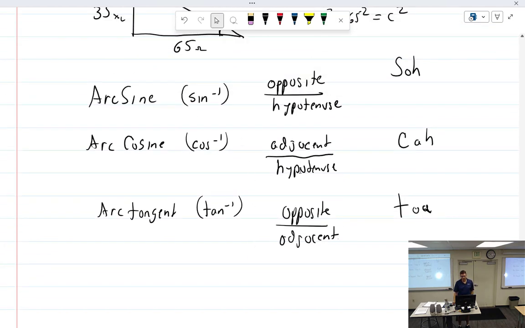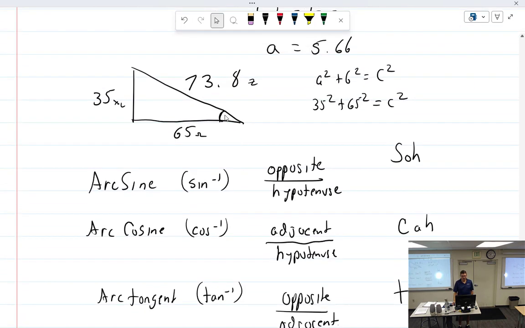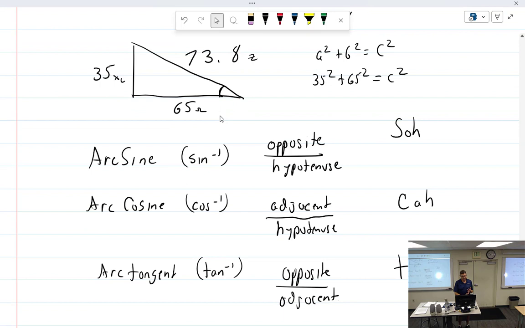Looking at all of this, what we do with it is this. We want to figure out this angle, and we can use sine, cosine, or tangent, all three of them. It's completely up to you which one you want to do. We'll do all three.